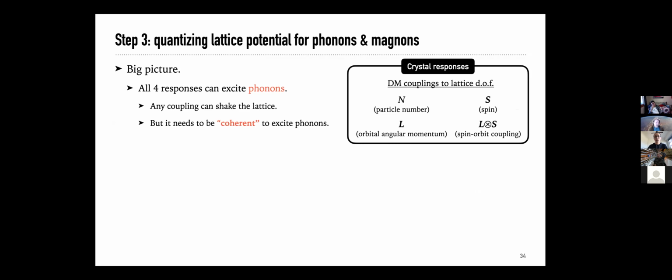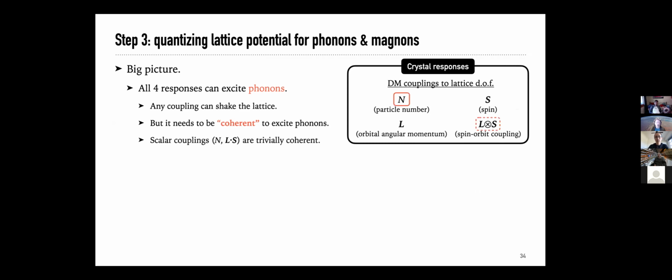So there are 4 types of crystal responses at leading order that I just talked about in the previous part. The first thing to notice is that all of them can in principle excite phonons. This is basically because any coupling can shake the lattice. But an important point is that the coupling needs to be coherent to excite phonons.